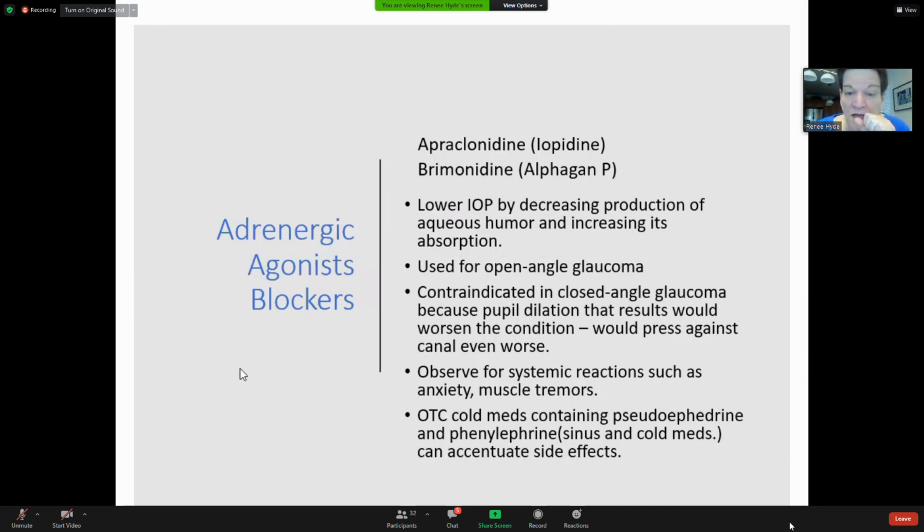Those are things that you need to caution them about. If they're taking anything over the counter, they need to check with a pharmacist or their ophthalmologist or optometrist to make sure that it's okay with their condition.